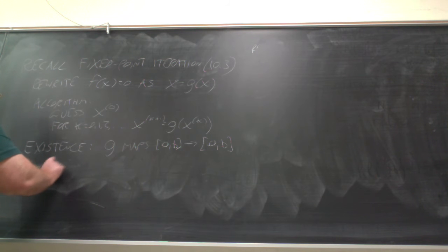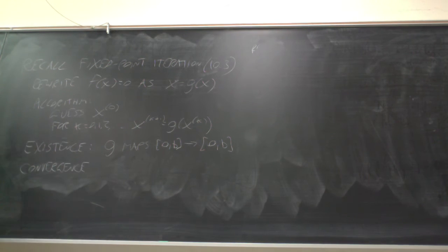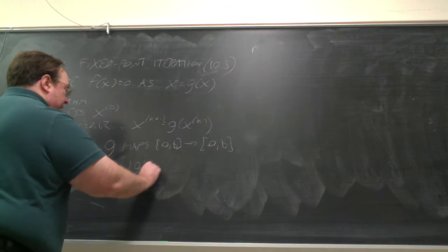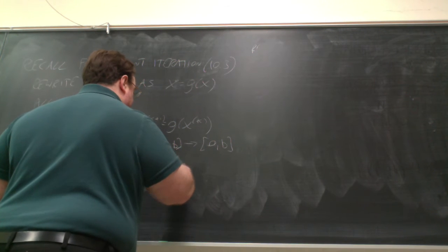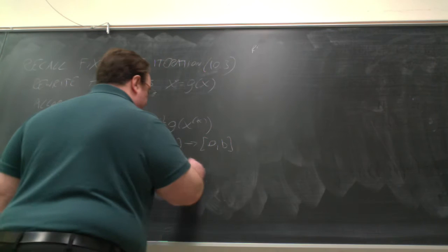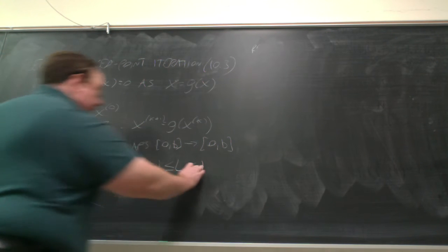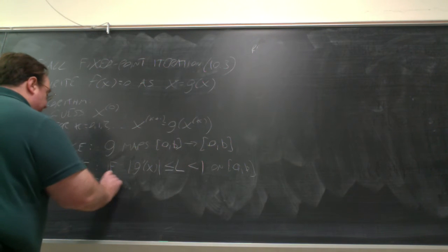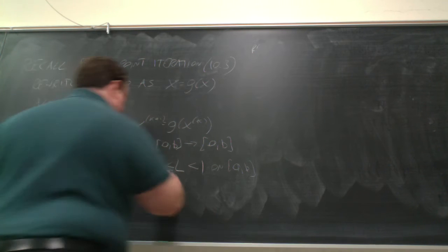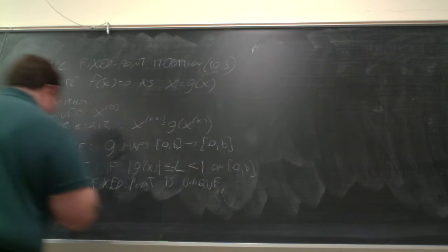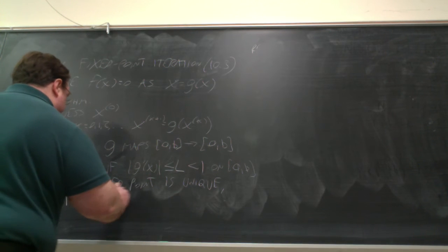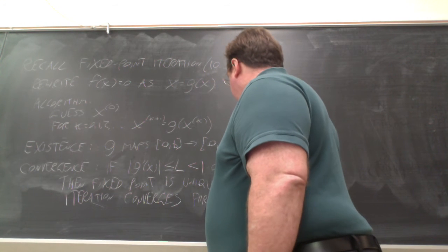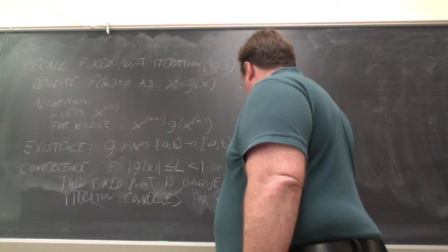And as far as the condition that's actually about uniqueness and ensuring that fixed point iteration will converge, if the absolute value of g prime of x is less than or equal to some constant L, which is less than 1, on some interval [a, b], then we can say that not only is there a fixed point, but it is unique, and the iteration is guaranteed to converge for any initial guess in this interval.